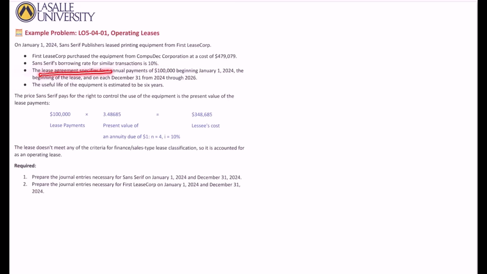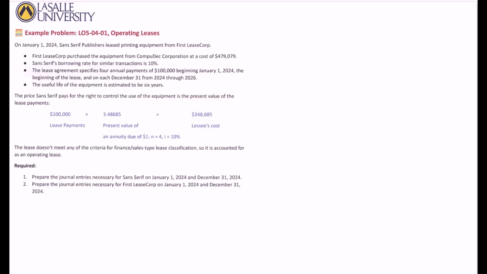The lease agreement specifies 4 annual payments beginning on January 1st, 2024. The useful life of the equipment is 6 years. And Sans Serif pays for the right of control of the asset equal to the present value of the lease payments, which amount to $348,685.